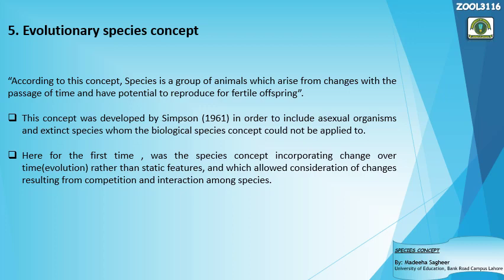Different species compete for the resources, and even individuals of the same species compete for the available resources. When they compete, those that are fit and that succeed live and reproduce. So changes occurred because of the competition and interaction, which could be among species, or among individuals of the same species.